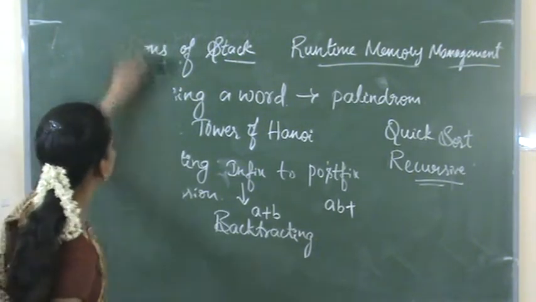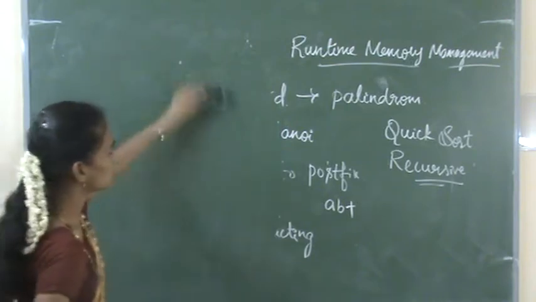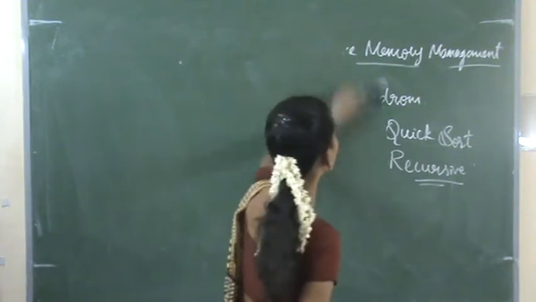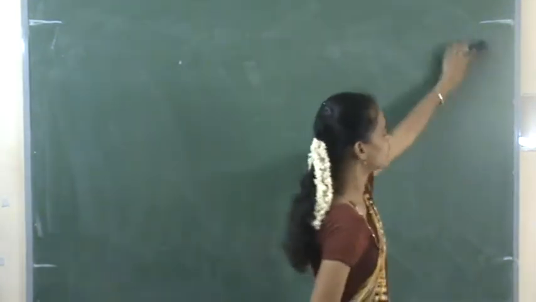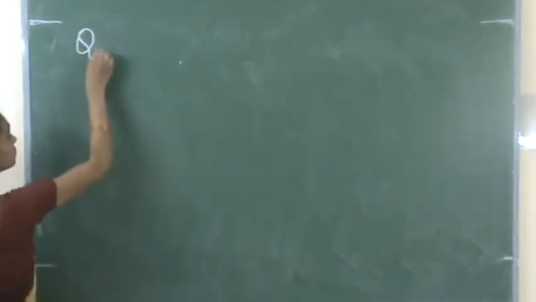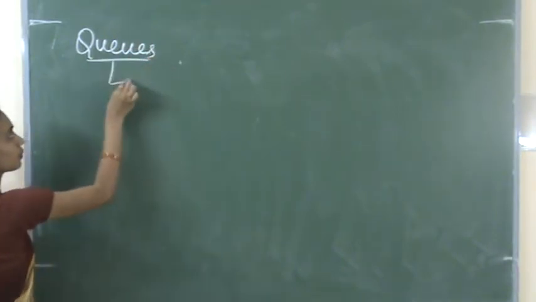So after this, in linear data structures we have three different types, right? One is stack, another one is queue, and then linked list. Now we studied the concept of stack. Next one is queues.